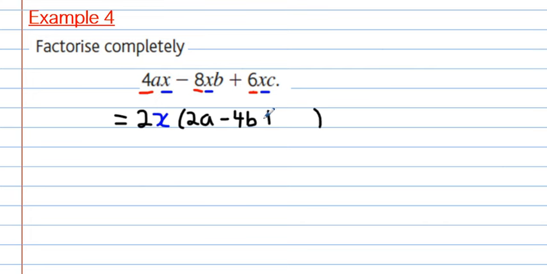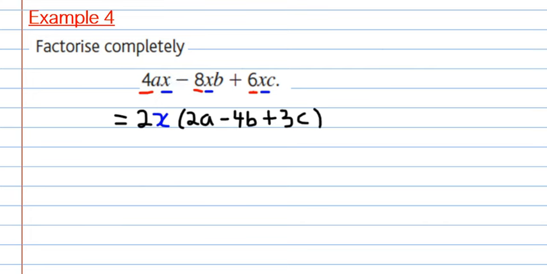And then for the third term, how many 2's will I get in 6? That will give me 3. I already have the X outside, so I'm left with the letter C. Now we factorize that expression and can always check back. 2 times 2 is 4, then X times A is AX, like that.